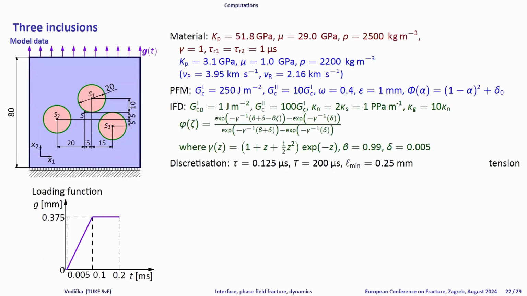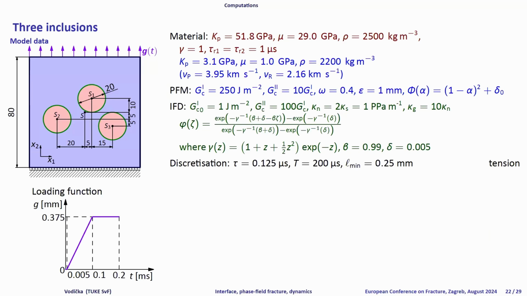Finally, I would like to show a case with more inclusions and show how the quality of the interface affects the crack propagation. Again, we have two cases, a stronger interface and a weaker interface. In the first one, we will see no interface crack, only degradation of the matrix.